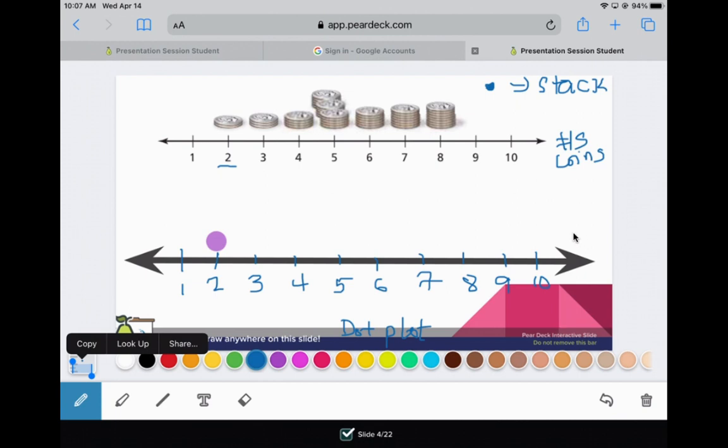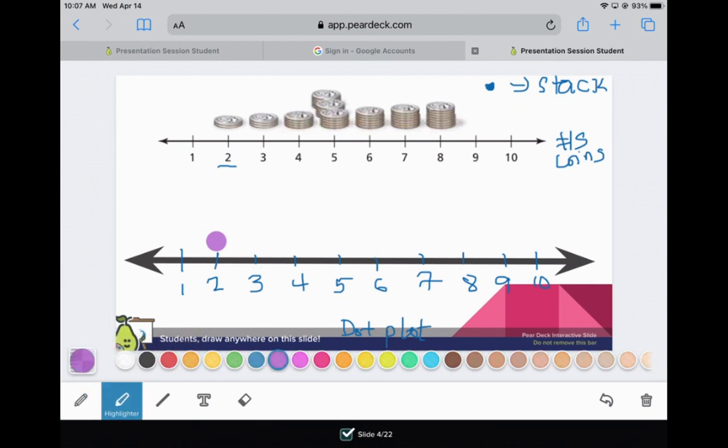Now, if you want to guess for the next one, how many dots should I use for the 3? Think about the stacks. This stack has 3 coins, but I'm looking for the dot representing 1 stack.